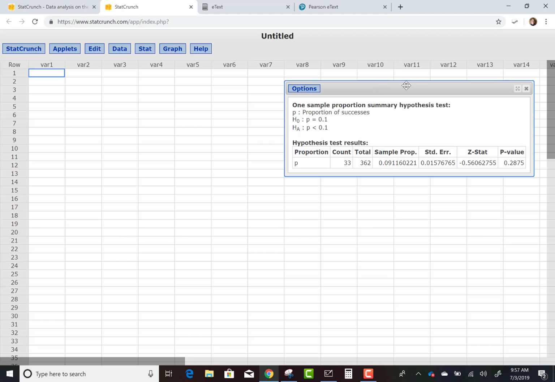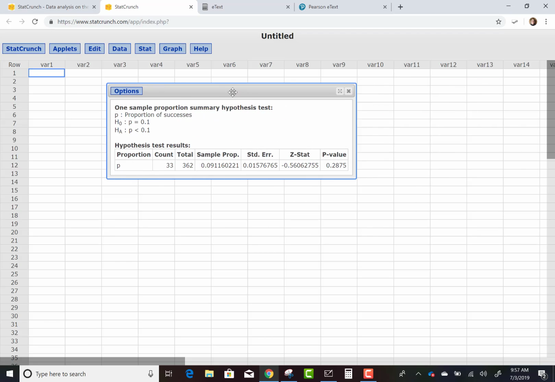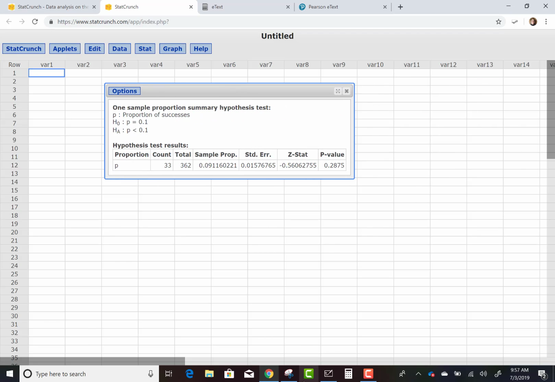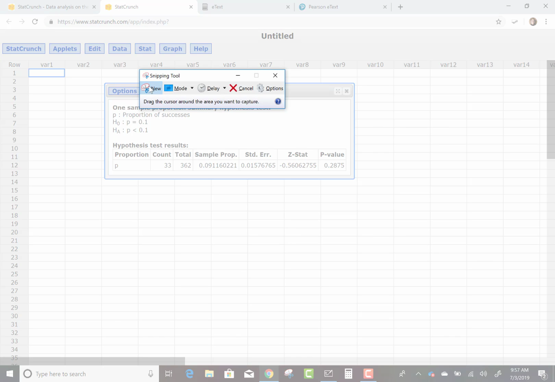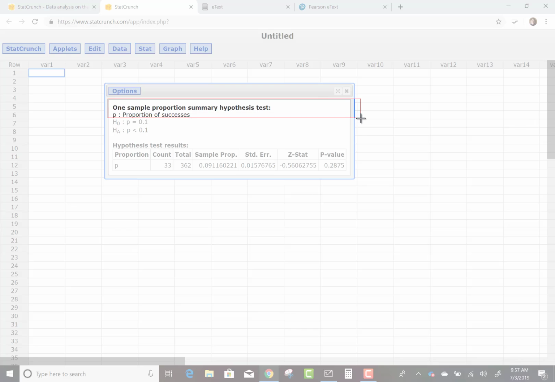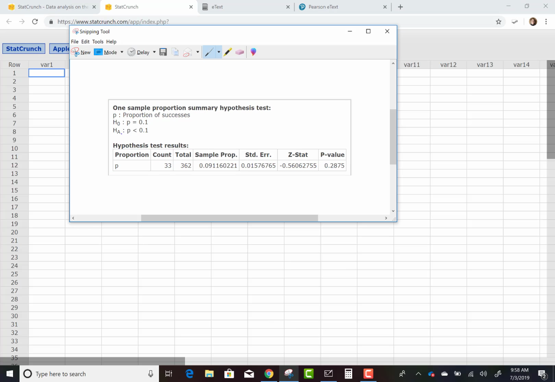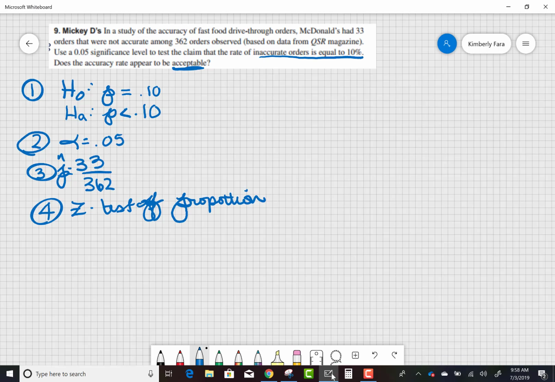Okay? So now I'm going to do Compute. And here I have everything I need. So I'm just going to copy this, and I like to use my snipping tool, and I'm just going to snip this because this has everything I need. Then I'm going to go back to my whiteboard so you can see what I'm doing.